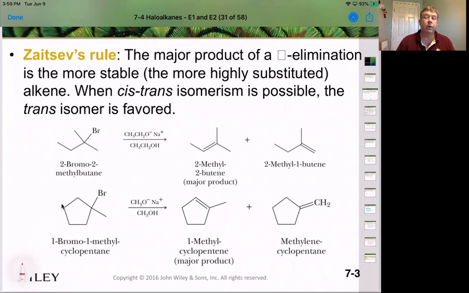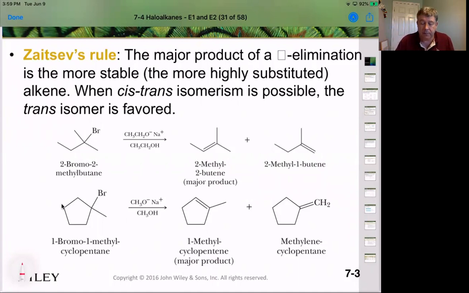Just like when we try to form the more substituted carbocation, we want to form the more substituted alkene. So if we have a possibility of making something cis or trans, or have three functional groups on it, it's going to try to get three or four groups hanging off the double bond, if at all possible.